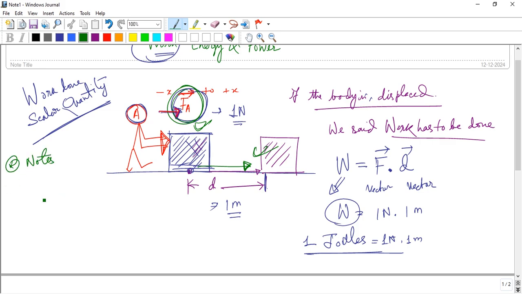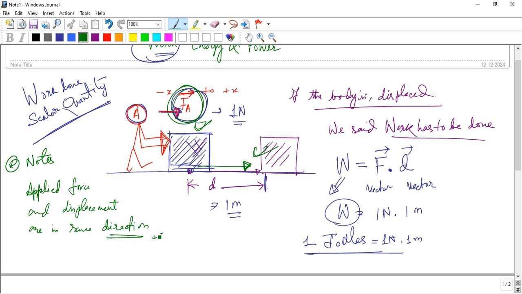Note: the applied force and the displacement are in the same direction.